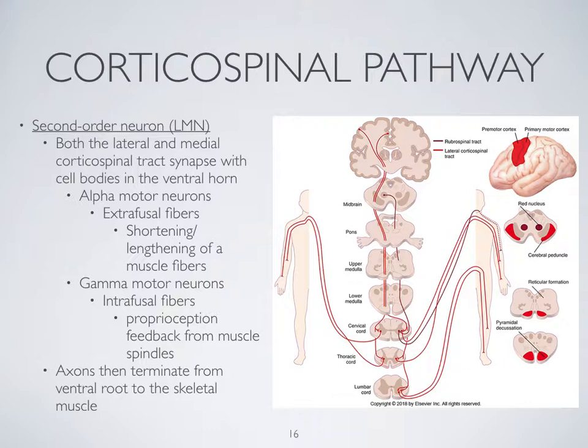So they're just working together, just at different points where they cross over to that contralateral side. And that lower motor neuron then terminates on the skeletal muscle group it wishes to activate for that purposeful or conscious movement.